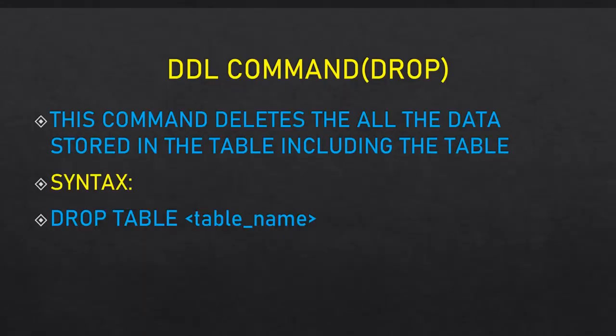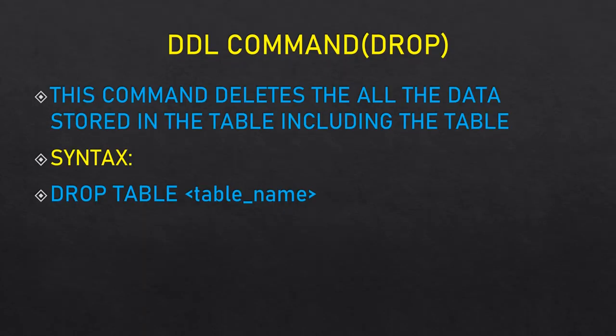And the next one is the drop command. It's used to drop the table. Remember, truncate wipes the data, but drop deletes the entire table with all the structure. So this is the syntax: drop table, then the table name. Let me give you another analogy.